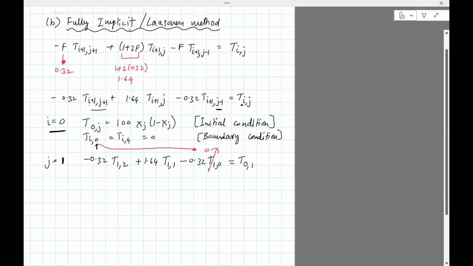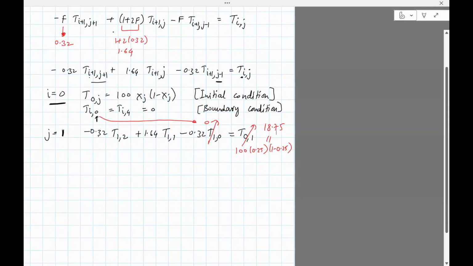So it's 100 times x1. x1 would be 0.25, so this would be 100 times 0.25 times (1 minus 0.25), which is 18.75. So let me write the new equation: minus 0.32 T(1, 2) plus 1.64 T(1, 1) equals 18.75.